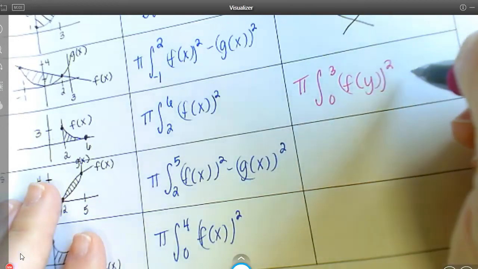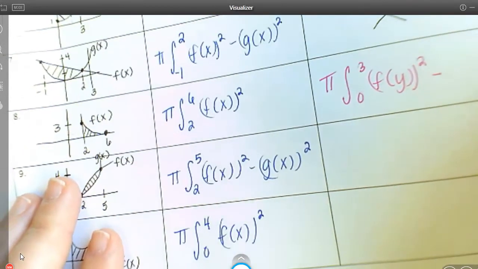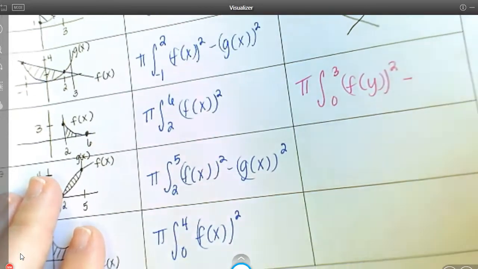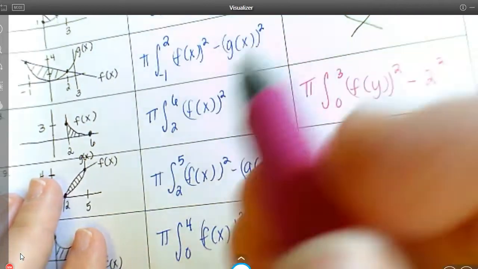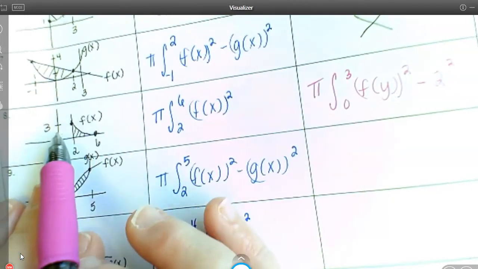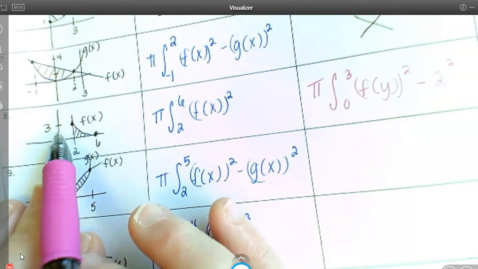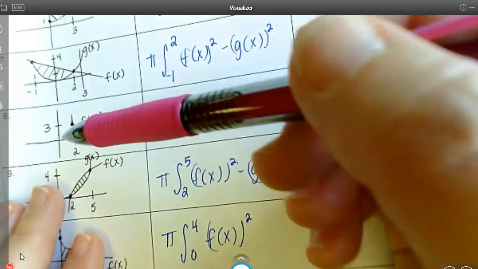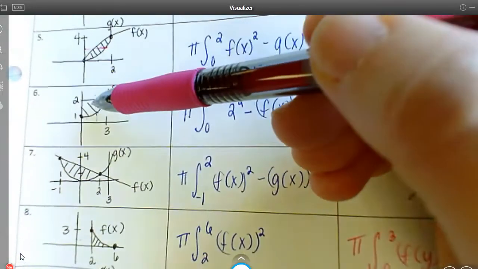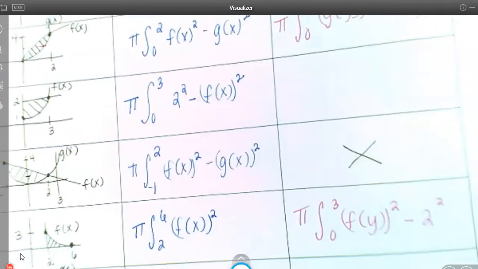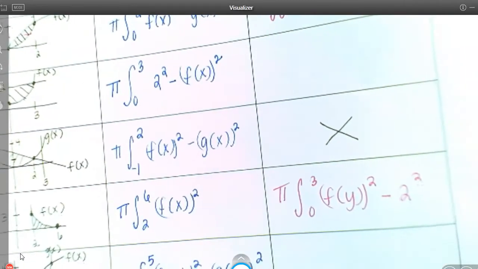How big is my cylinder? 2. And so just keep in mind that when you're thinking about going around the y-axis, your cylinder width is like how wide it is from here to here. When you were going around the x-axis and you had a cylinder, it was from here to here. So the way that you draw it was important as well.